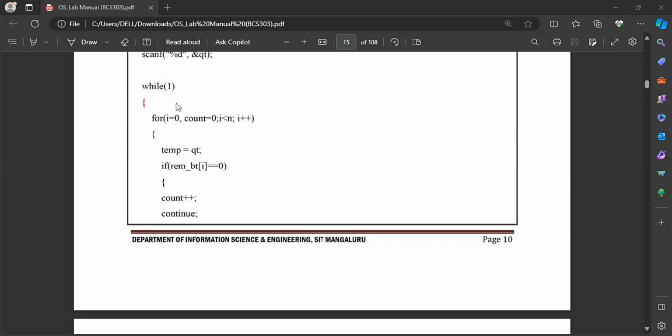Here we are using the count variable to track the number of processes that have completed their task. Then we initialize the quantum time to the temp variable, that is temp time.